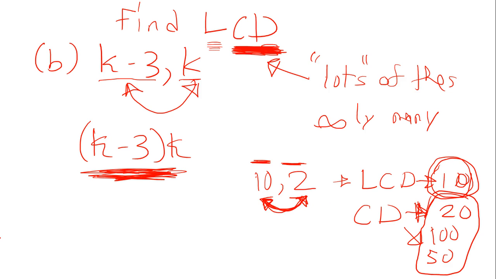But if you find the least common denominator, you'll definitely save yourself a little bit of reduction at the end. But either way, you're going to get the right answer if you do it correctly. Basically for this one, the product just happened to be the least common denominator.